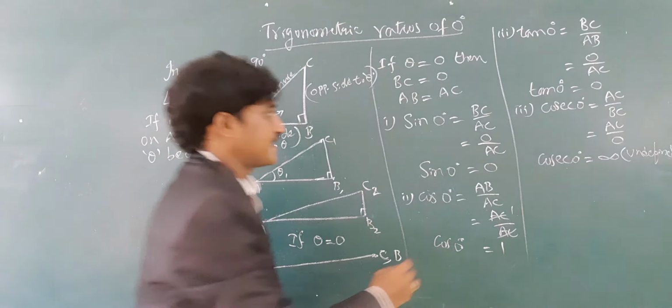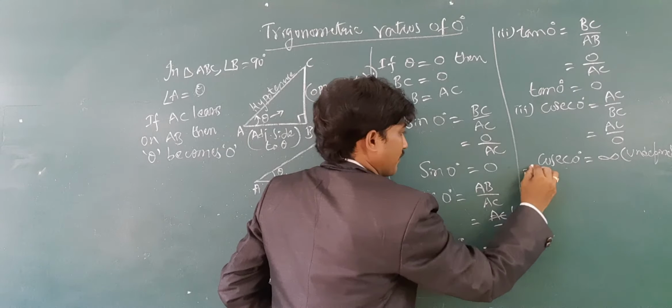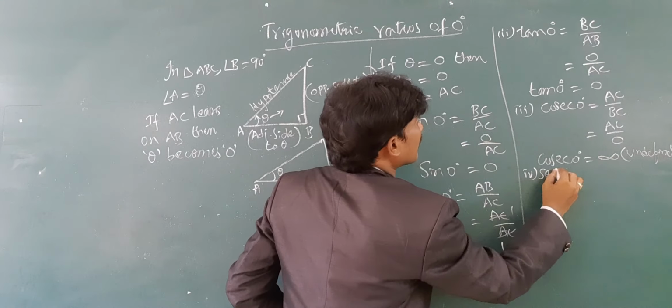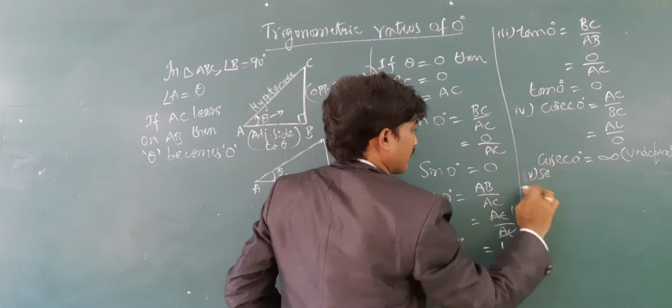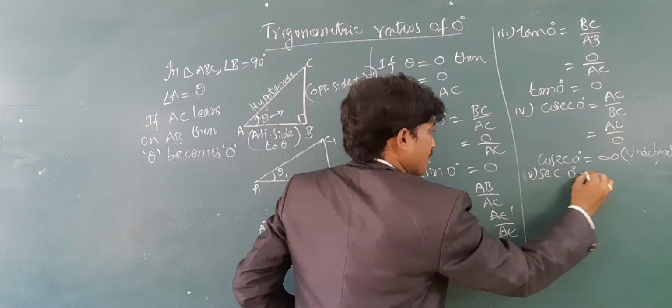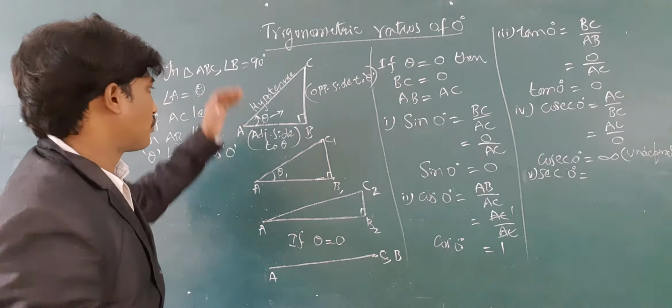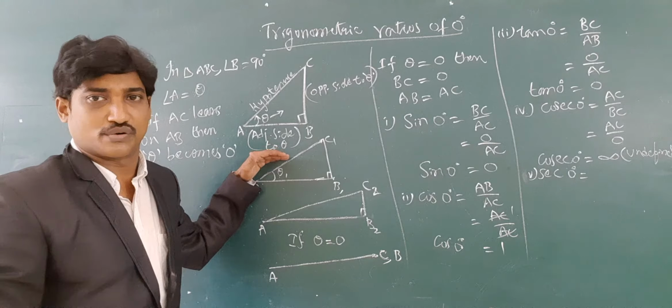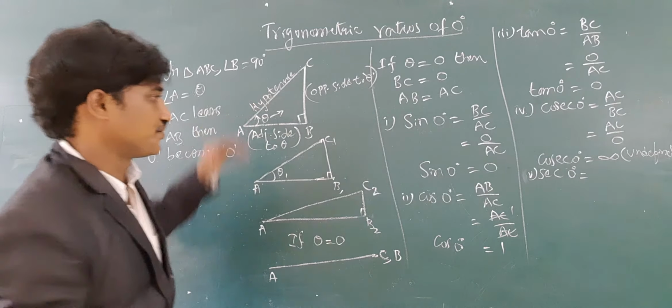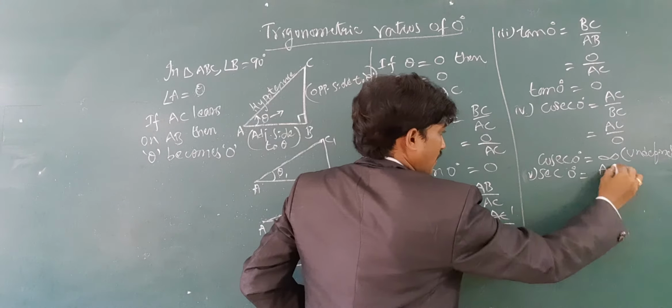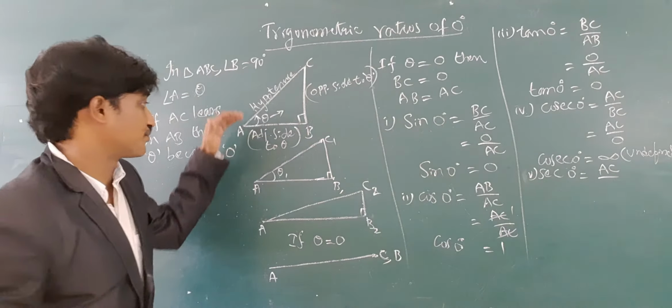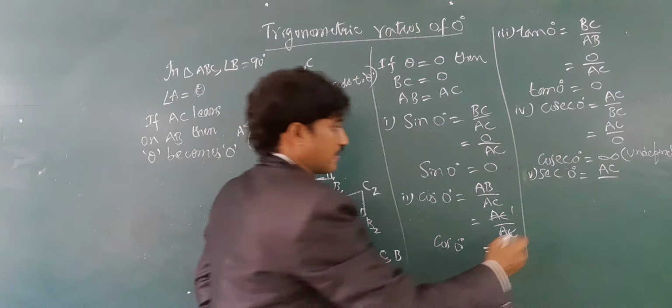Next, secant 0 degree. Secant 0 degree is hypotenuse by adjacent side to theta. Hypotenuse is AC. Adjacent side to theta is AB.